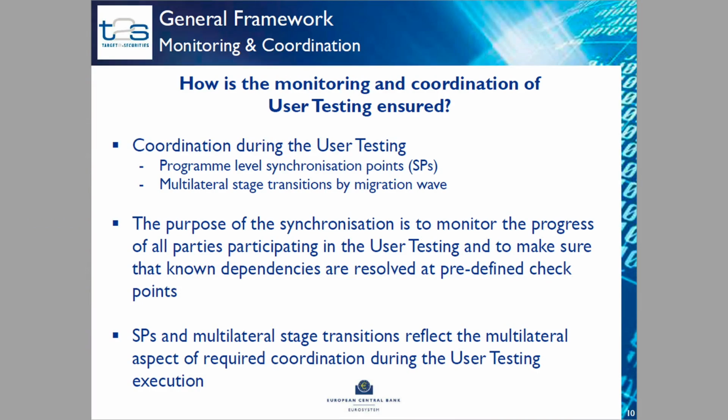So all this complexity, as you can see, requires quite close monitoring and coordination of all kinds of testing activities. For that, we have agreed among the user testing subgroup, and it's also coming from the framework agreement, that we have to ensure the coordination during the user testing through program level synchronization points, as well as multilateral stage transitions by migration wave.